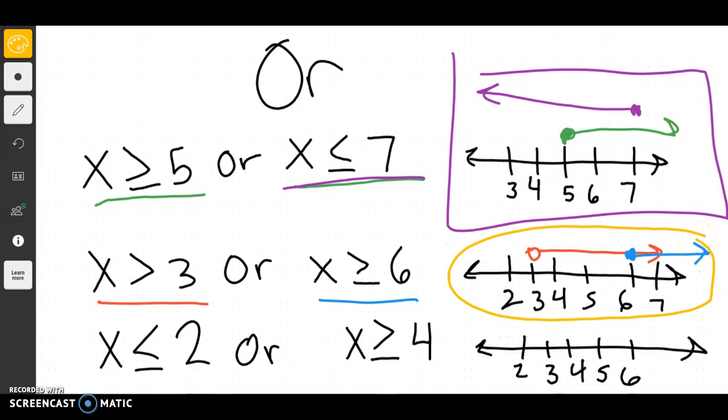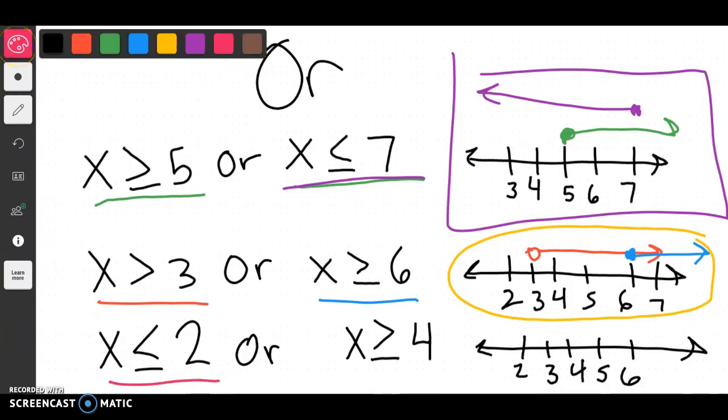And again, if you think about it, it kind of makes sense. You need things that are greater than 3 or greater than 6. So that would be like 7, 8, 9, all the numbers that kind of follow that pattern. So for the ors, again, we just have to graph them and see where they are, and we don't have to worry about overlap. Let's do 2 more.